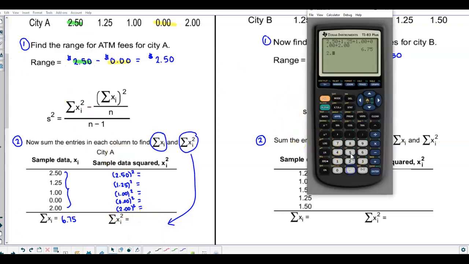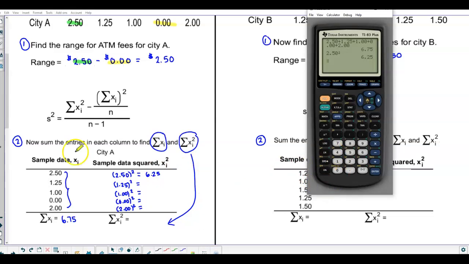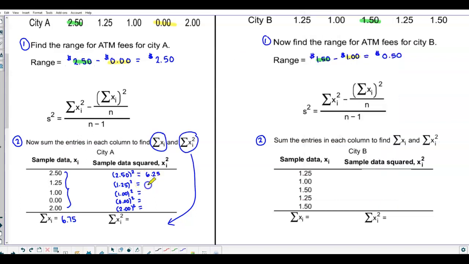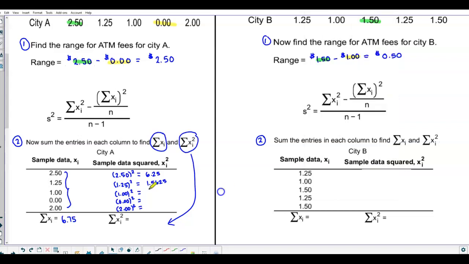So we have 2.50, squaring that gives us 6.25. We take 1.25, square that, that gives us 1.5625. If we take that 1 and we square it, we know we're going to get 1.